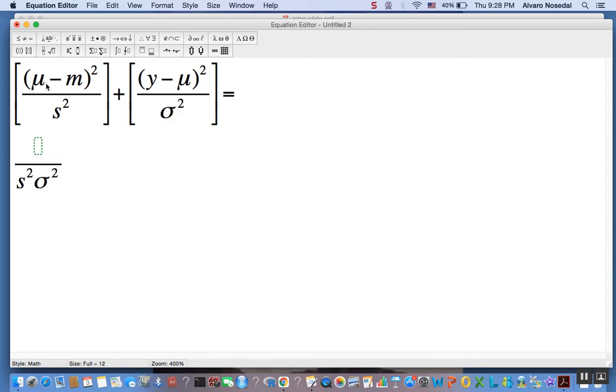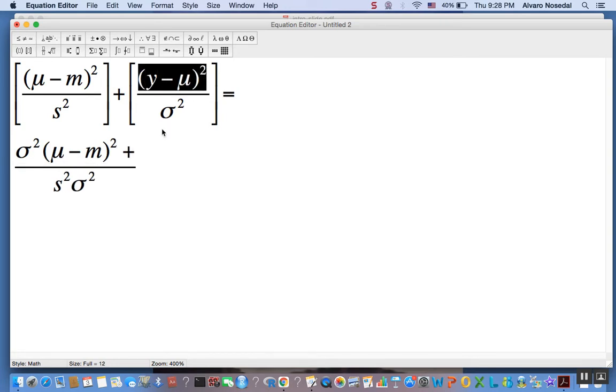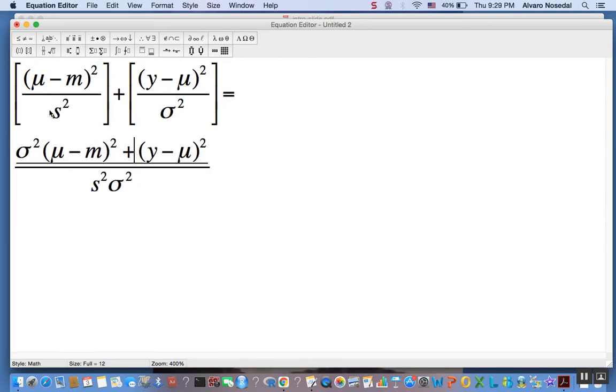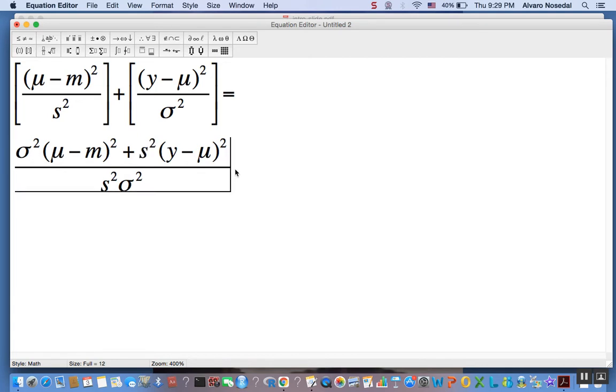Then, if we're going to do the sum, instead of this guy, it's going to be that guy multiplied by sigma squared plus this guy multiplied by s squared. Okay? Agreed? Right?